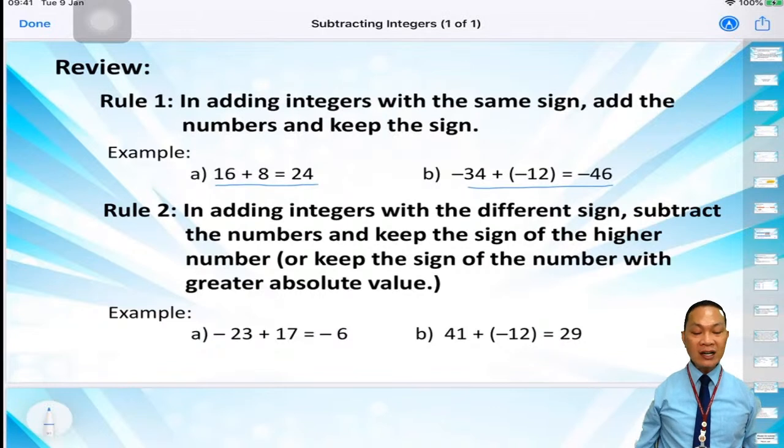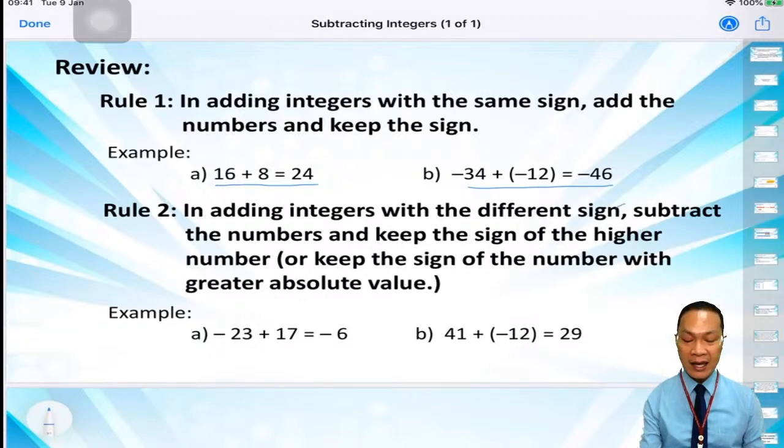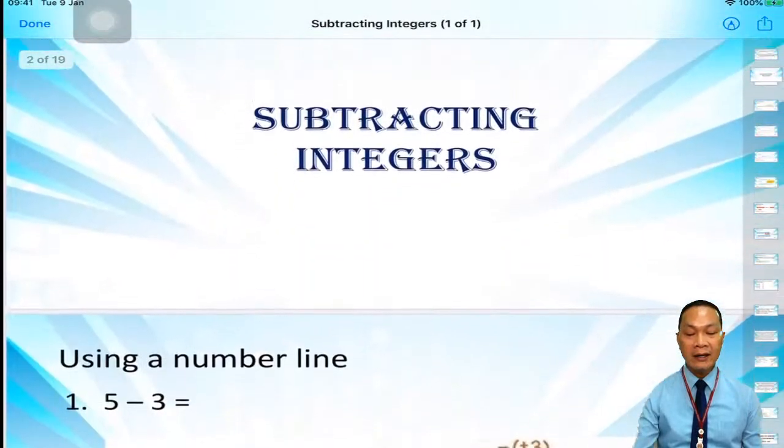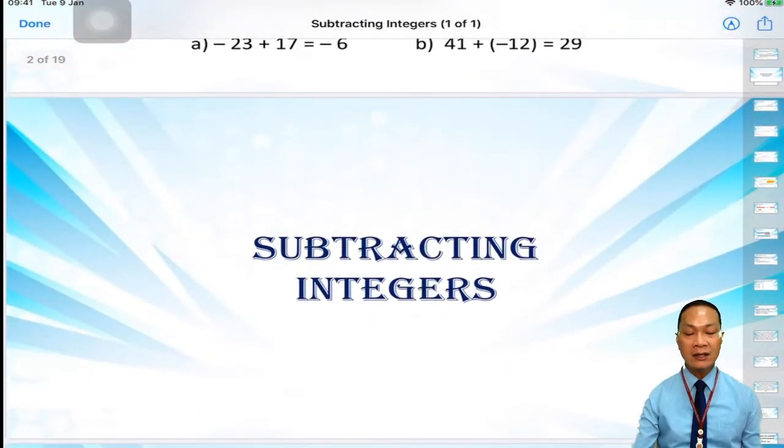So rule number 2, in adding integers with different signs: subtract the numbers and keep the sign of the higher number, or keep the sign of the number with greater absolute value. All right. Any question?